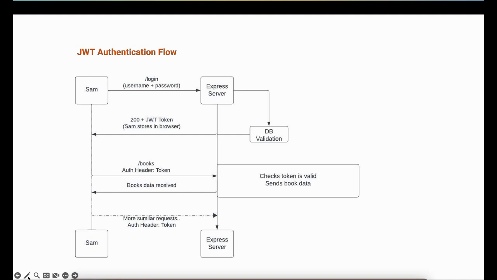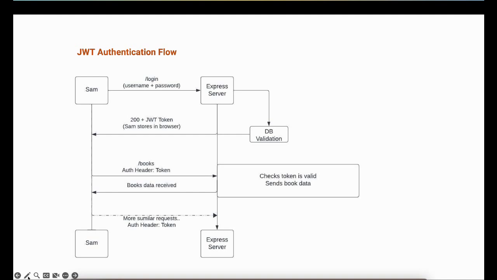Now, this user can simply log in to the system by making an API call via our React client and providing the username and password. The login endpoint will take in the username and password and verify the user details from the database by validating and matching both the entities, username and password.